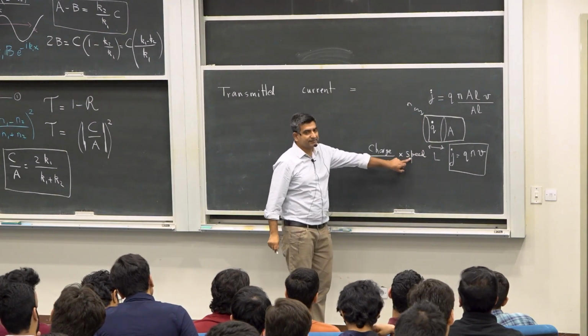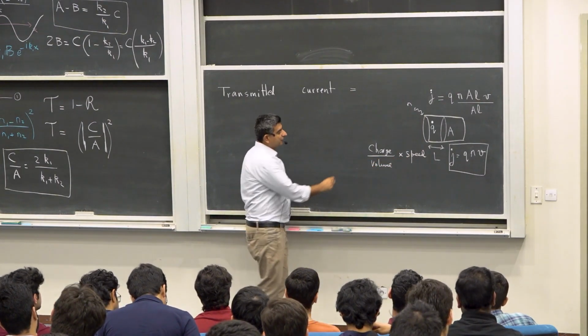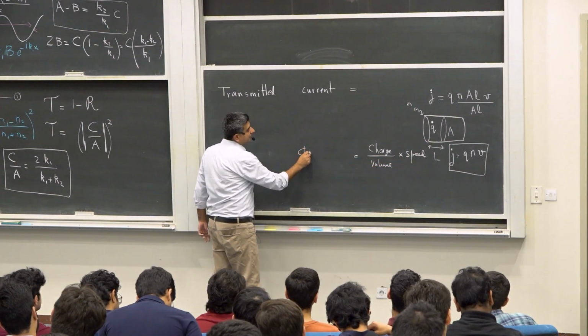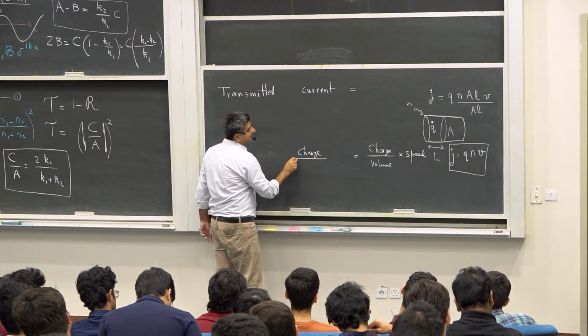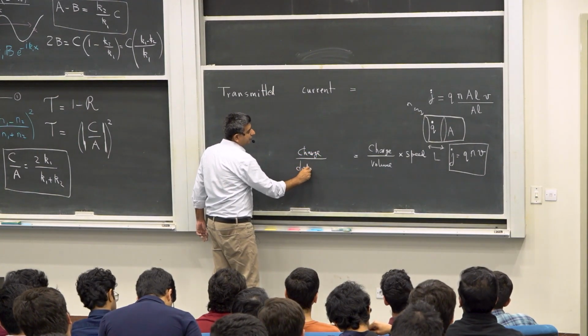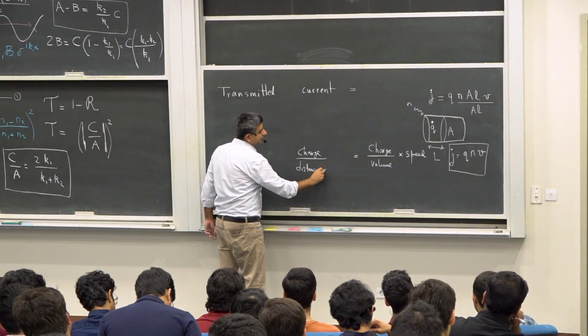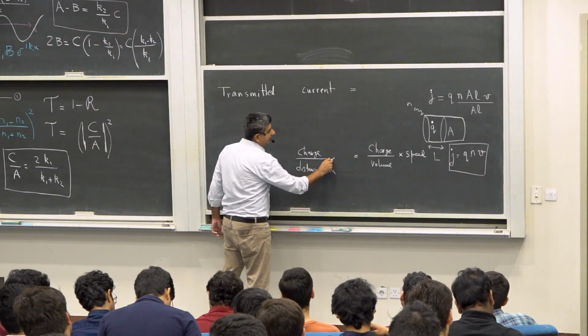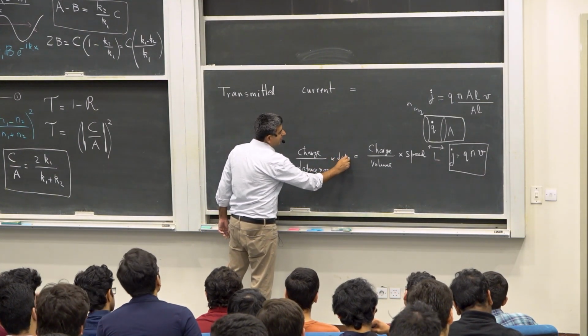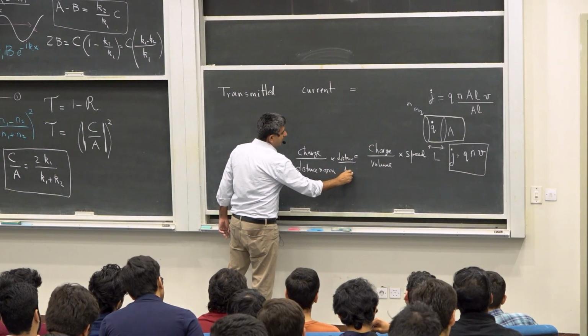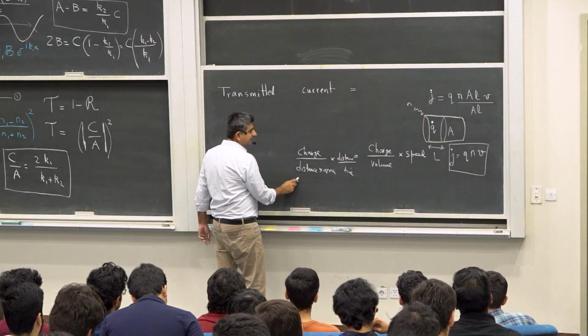Speed is distance over time. So this becomes charge into distance into area, over volume, which is distance into area, into distance over time. The distance just cancels out.